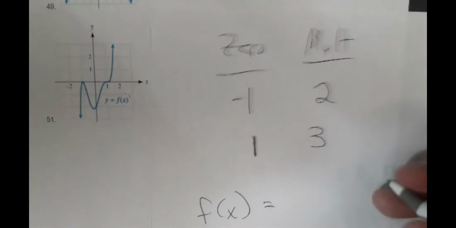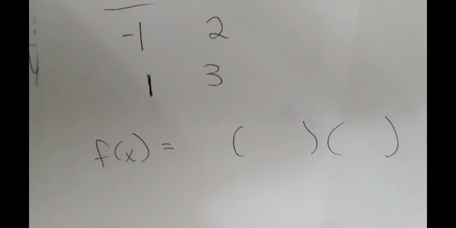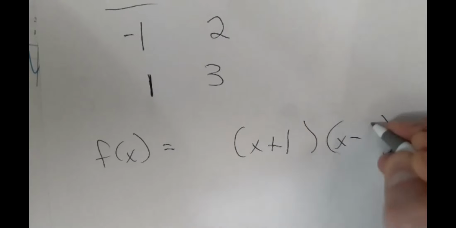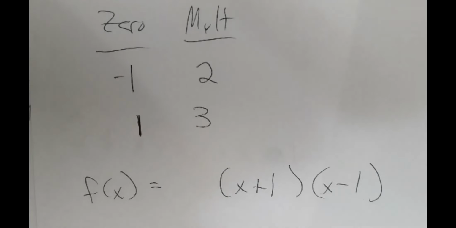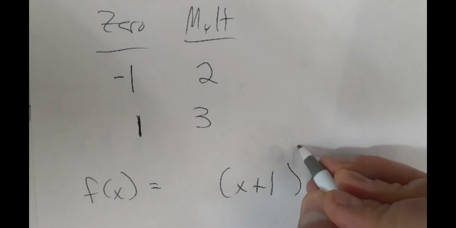I got my 2 factors: x plus 1 and then x minus 1. And this one, you do kind of got to know how all this goes a little bit, huh? What should be on this x plus 1 should be an exponent of 2.